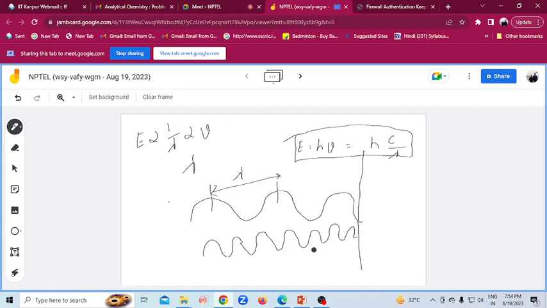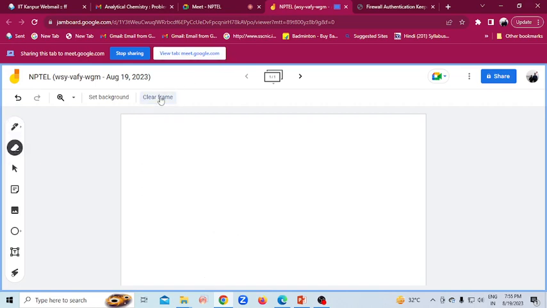Here lambda is high but frequency is low. Here lambda is low but frequency is high. If frequency is high, energy is also high, and here frequency is low, so energy is also low. So this is a very basic concept about electromagnetic radiation and how it is absorbed. It will be very helpful for your next classes.